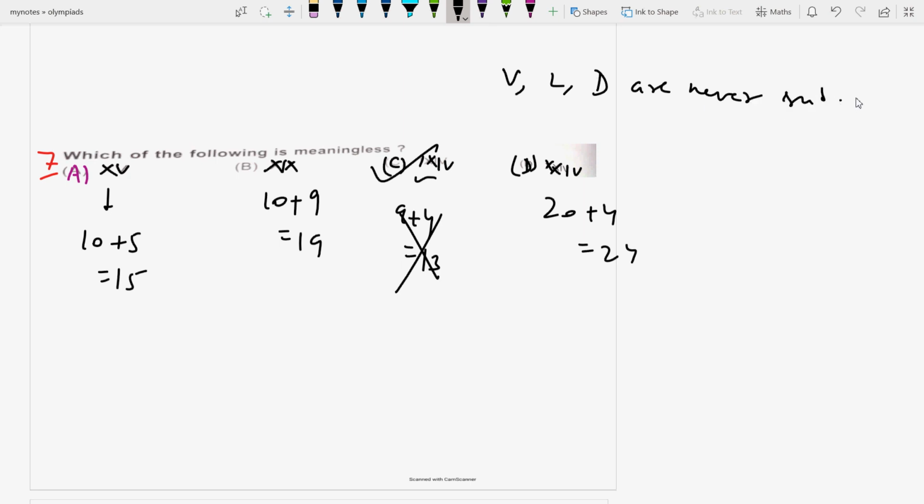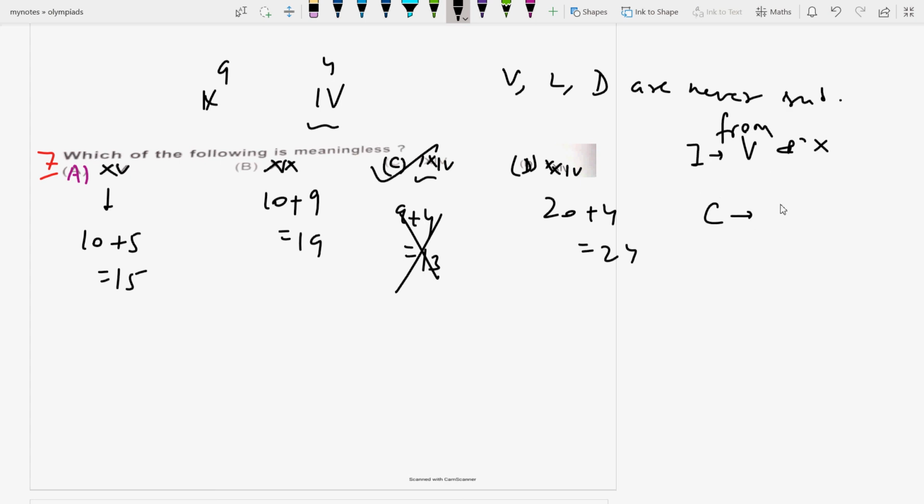And second, I can be subtracted from V and X, but here it is given IV, which is 4, and IX is 9. X can be subtracted from L and C only. I'm just telling you the principle of subtraction.